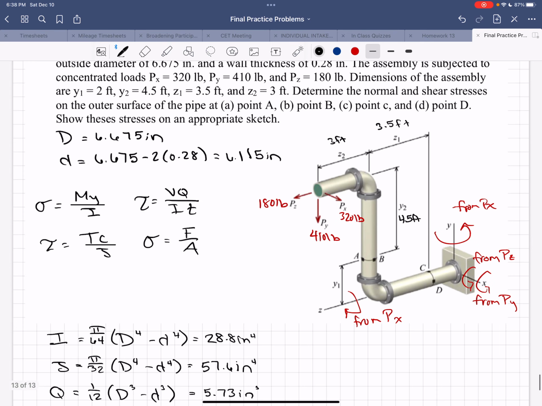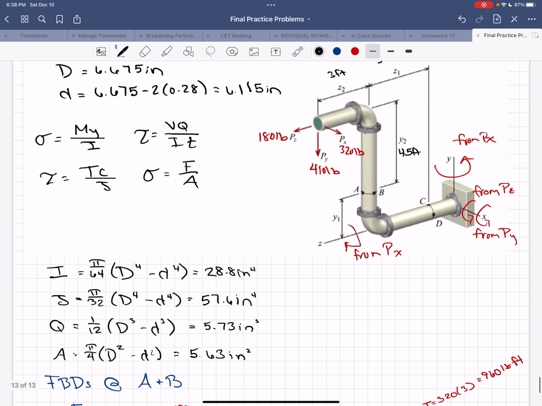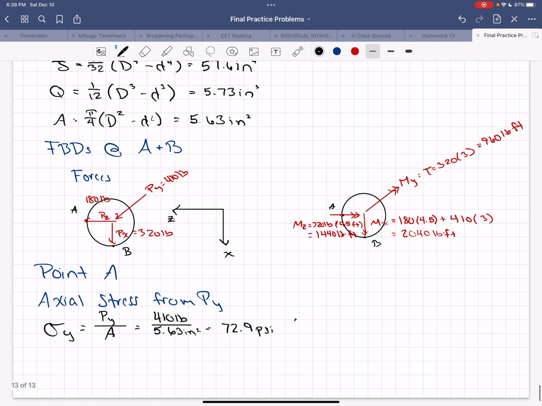That's going to be pushing down, so it's going to put this in compression. First stress.